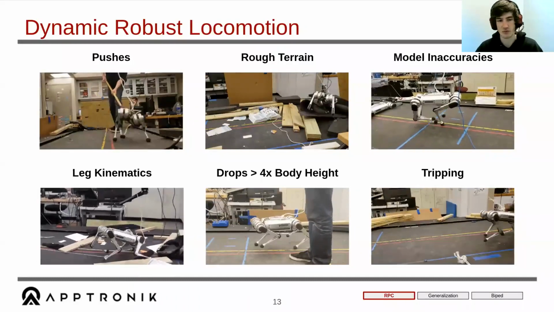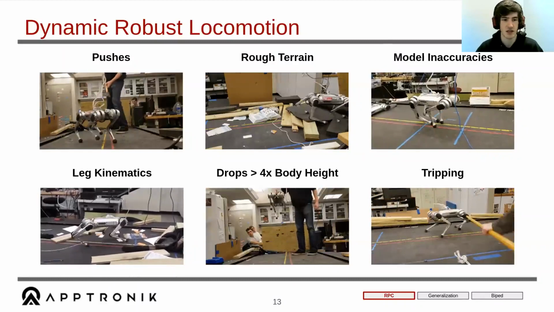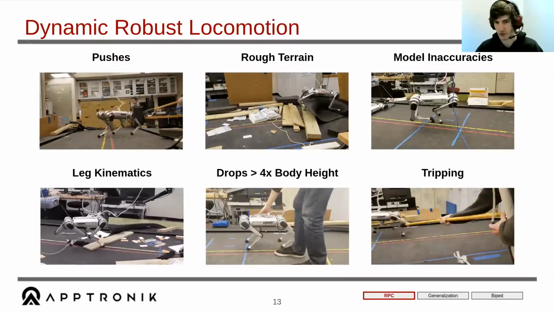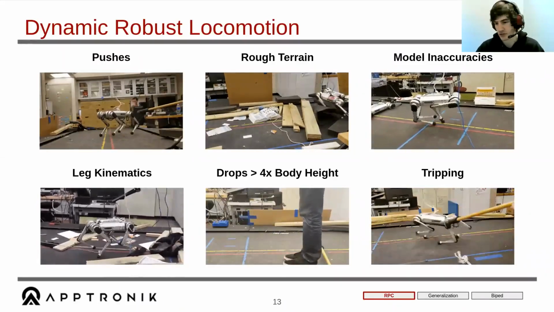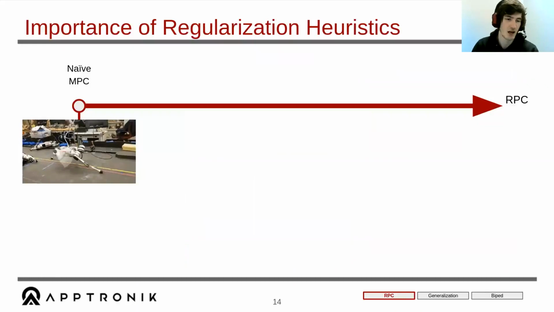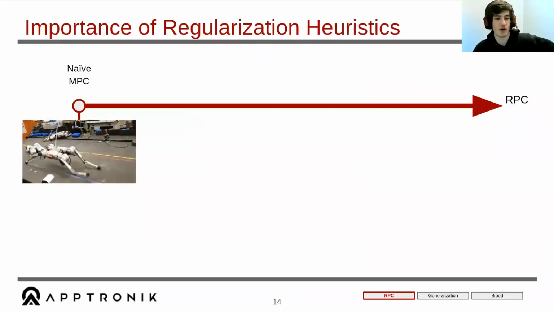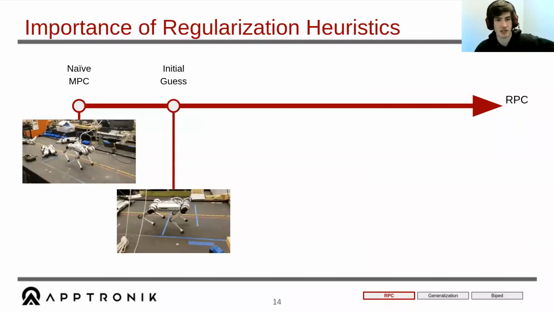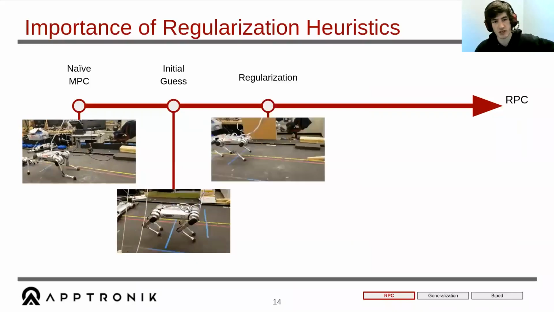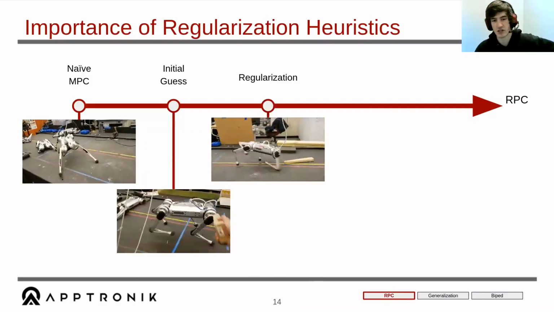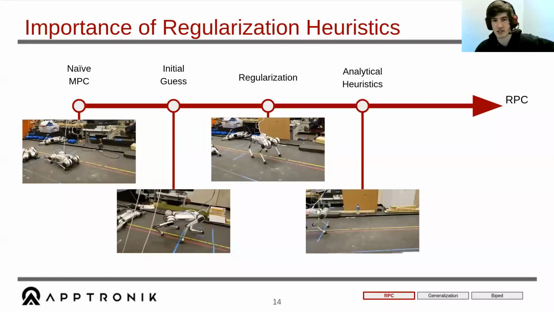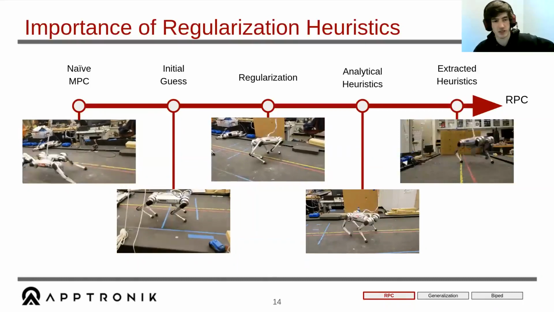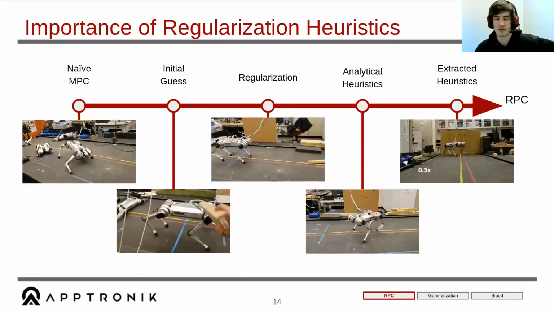The goal for these robots is to be able to achieve some task autonomously, and you don't want to have to continuously monitor whether, as the robot's walking, it fell over and you have to go pick it up. You want the robot to be able to handle all of this. So we can see again the progress from the naive MPC, which is using no regularization heuristics, to just an initial guess with no regularization, adding some regularization but no extra heuristics, then adding in analytical heuristics, and then finally we're able to get the full dynamic capabilities of the robot.